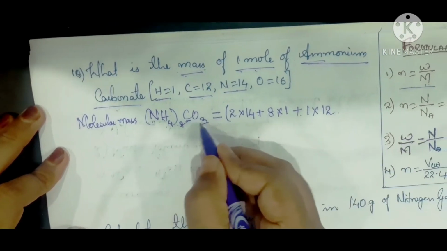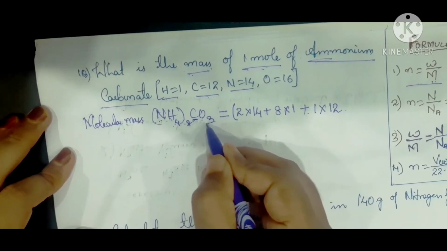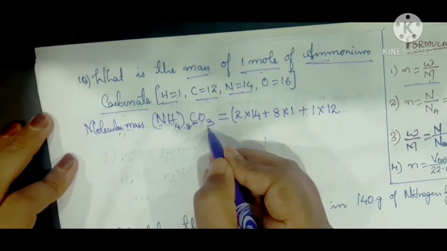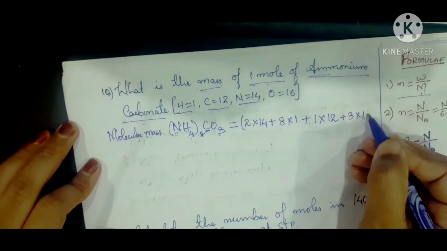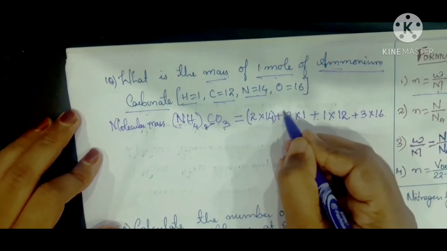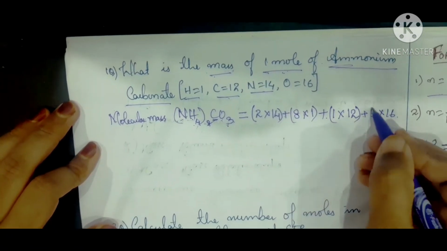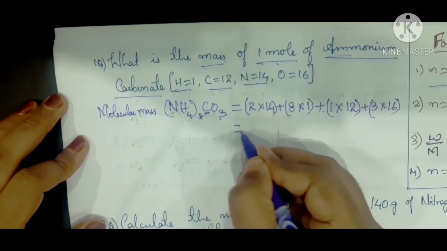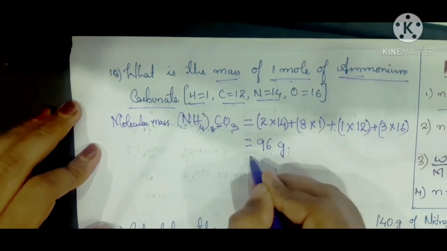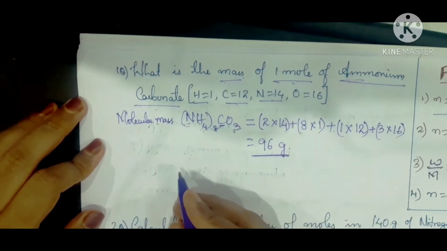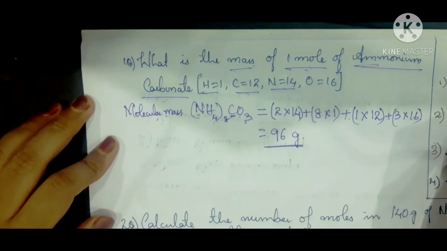In a similar way, we see 3 oxygen atoms, so 3 into 16. We need to multiply first, then go for addition. When we do that, we get the molecular mass 96 grams, which is nothing but the molar mass.